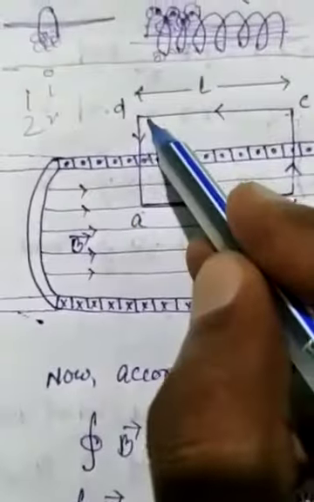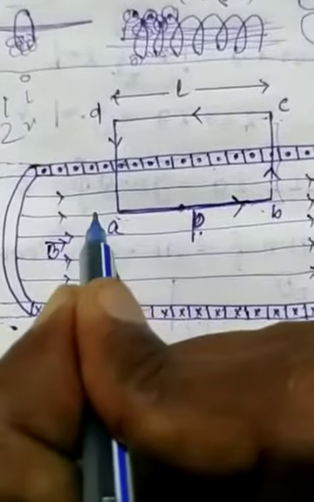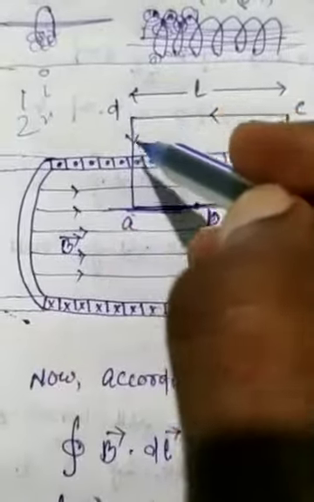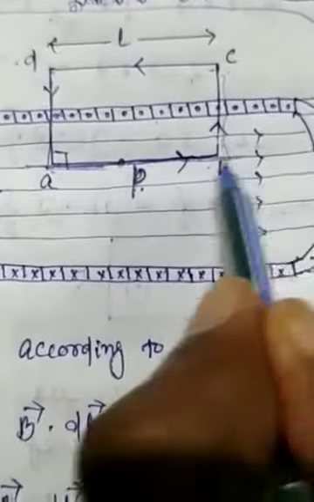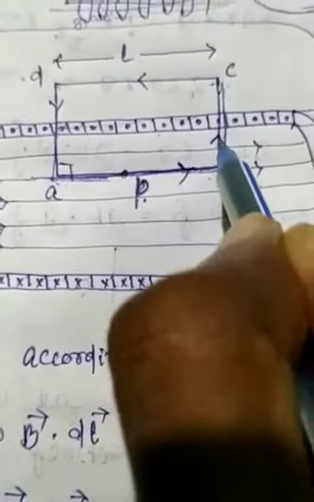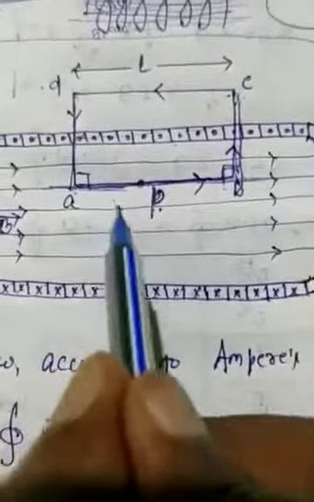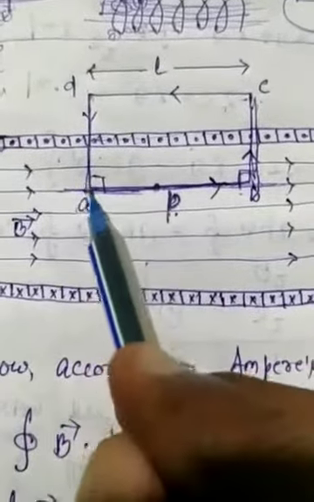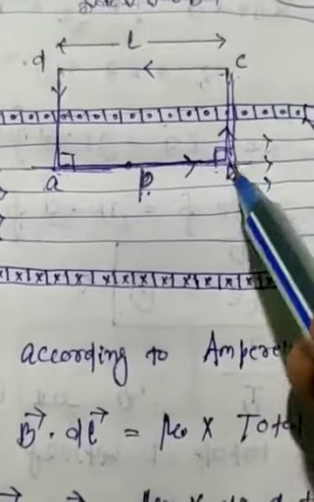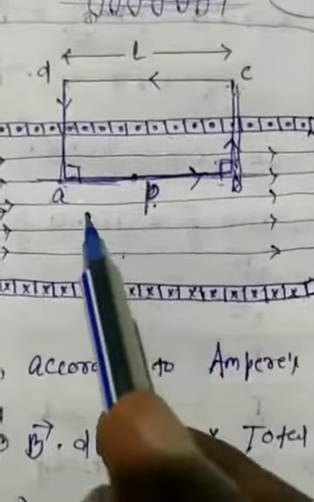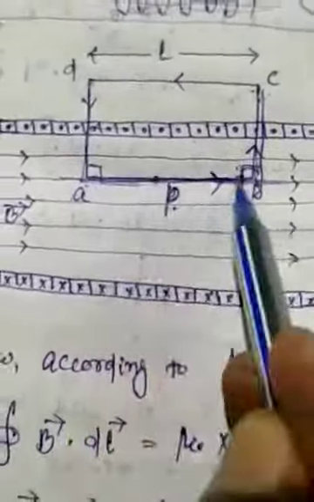For D to A, this is the direction of the magnetic field, and this is the current element dl; the angle between them is 90 degrees. For B to C the angle is also 90 degrees, but from A to B the angle is 0 because both dl and B are in the same direction.